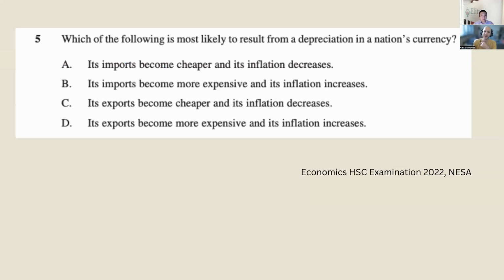Likewise, I can think if the currency becomes lower, then its exports become cheaper. So now I'm only dealing with B and C, right? I'm not focusing on which one's right at this point, but I'm able to get rid of A and D, and then I'm ready to go between these two.